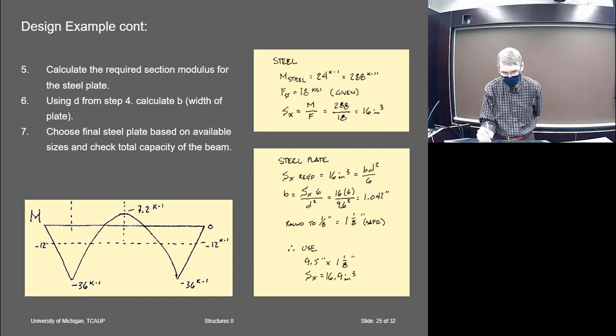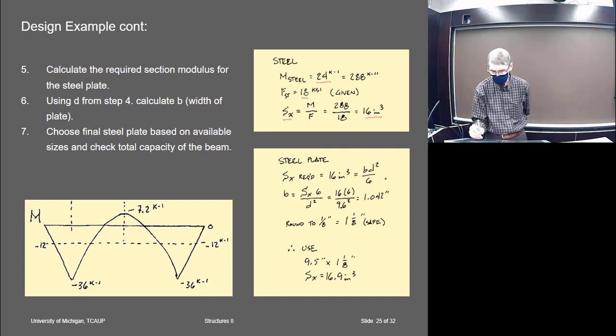The moment that the steel's carrying is 24 kip feet, the stress is 18, somehow the maximum stress this has, and we can calculate the section modulus then as M over the stress, so that gives me a section modulus of 16 inches cubed.